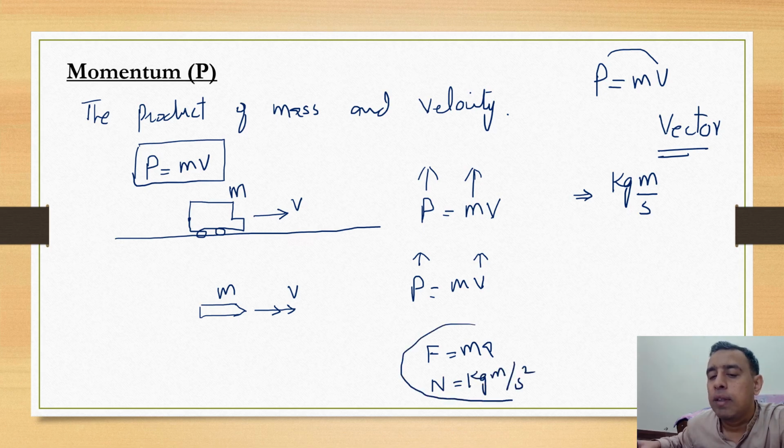So from this relation, we may write kg meter per second as Newton second. One of the seconds is multiplied on the other side, so we have Newton second is equal to kg meter per second. Means the momentum has the unit of Newton second.